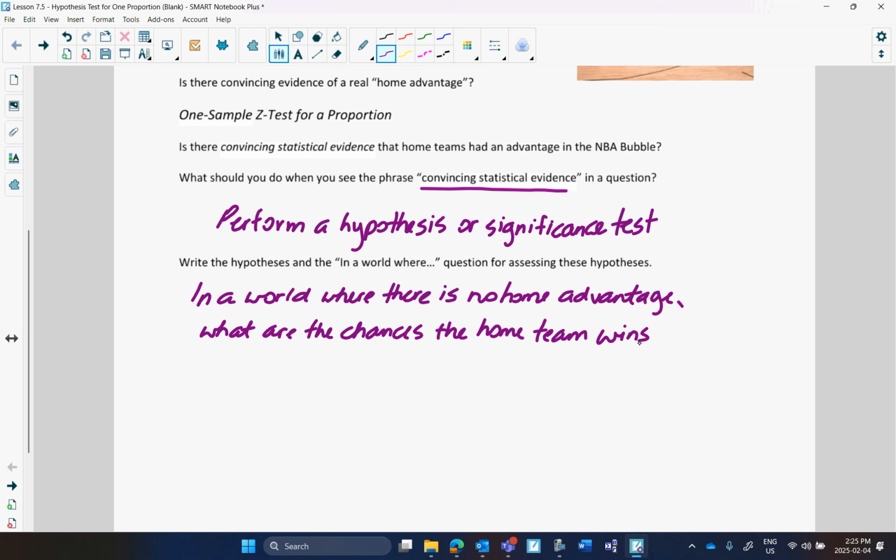And remember, I'm going to write it like this just to remind you where this 56% is coming from: 49 home wins out of 88 games, or 56%.